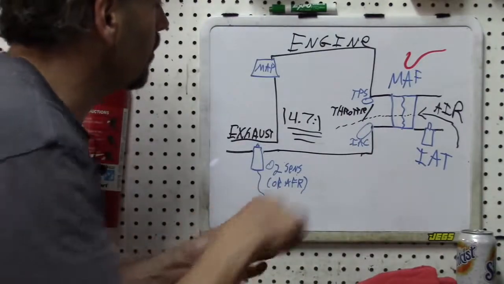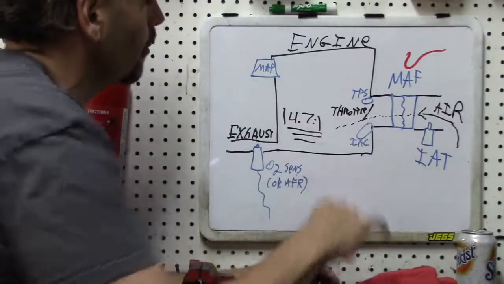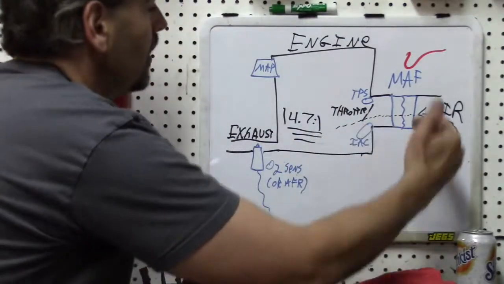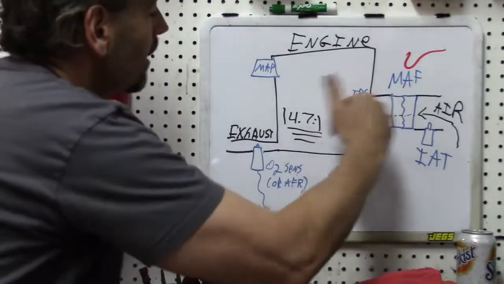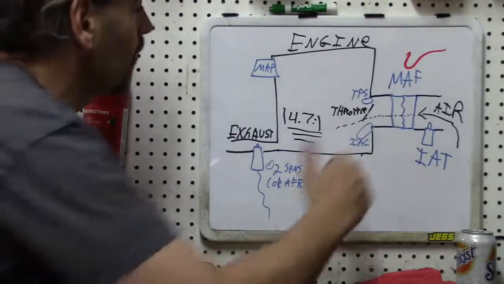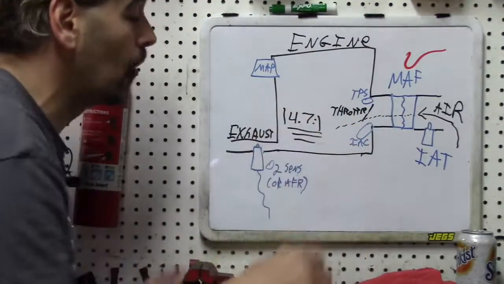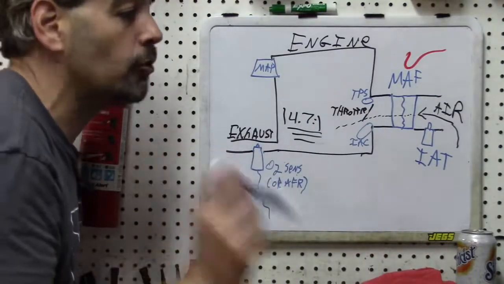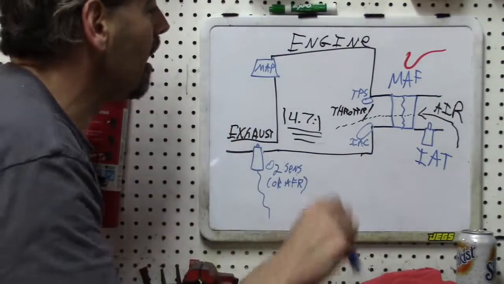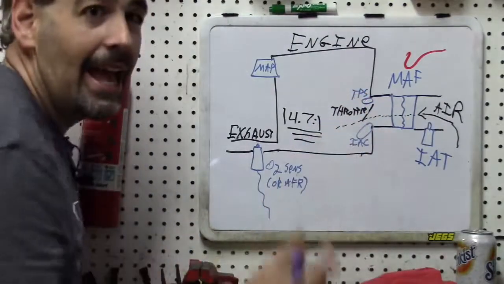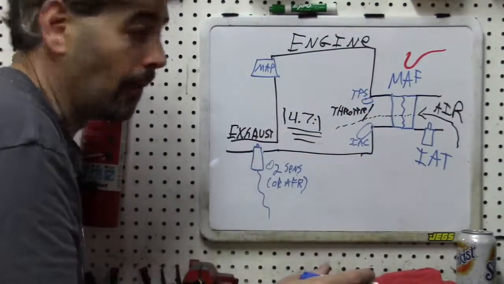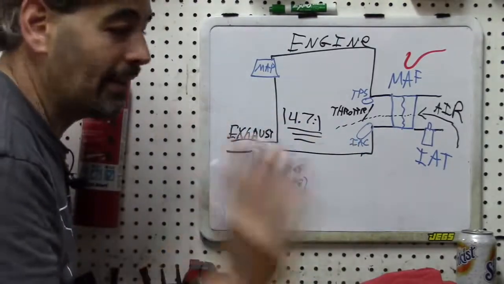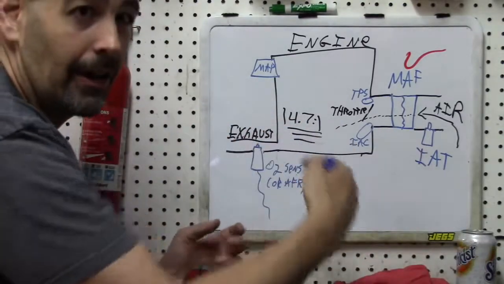So the engine computer knows how open the throttle is through the throttle position sensor. There is also idle air control, which also helps to monitor the amount of air coming in. It allows for a bypass of air to control idle. It is actually the only method that the engine uses to control air induction. Everything else is air coming in, and the engine uses fuel to adjust this mixture, whereas idle air control is the only PCM control for air intake into the engine.